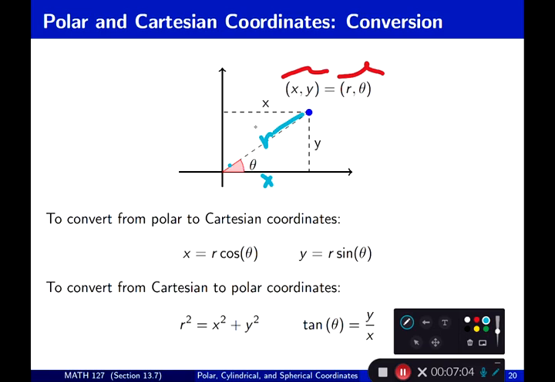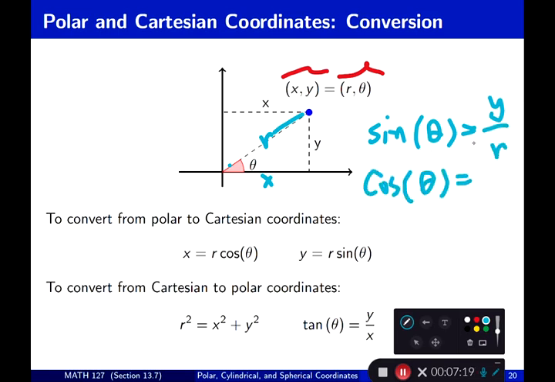So there's a triangle in there, and sine of theta is equal to y over r, cosine of theta is equal to x over r, and from there I can say y is equal to r sine theta, and x is equal to r cosine theta.